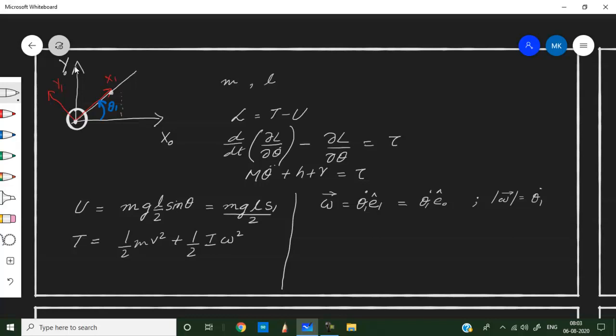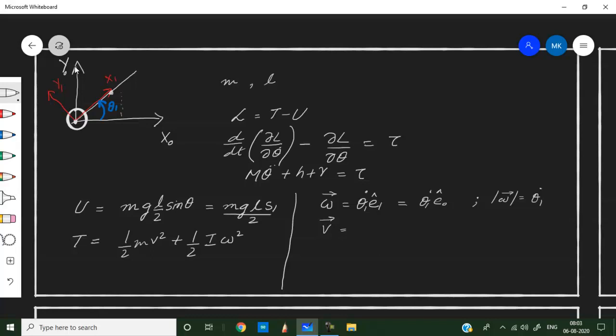Similarly, V, that is the linear velocity of the center of mass: this link is just rotating, but because of its length, it will have a linear component. If we assume the center of mass is at L by 2, so L by 2 into theta 1 dot.